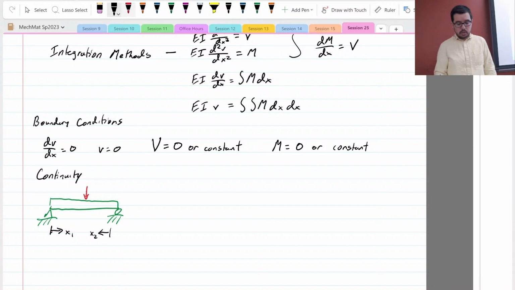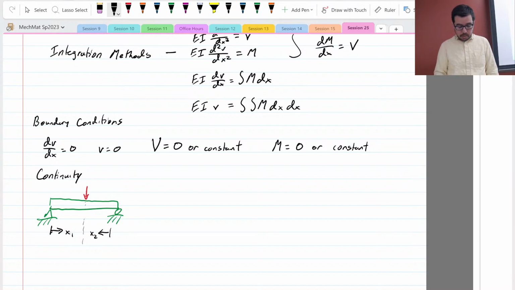Continuity is saying, what happens when these regions meet up with each other? It may often be better to say x1 goes until you get to the middle, and x2 goes until you get to the middle as well.